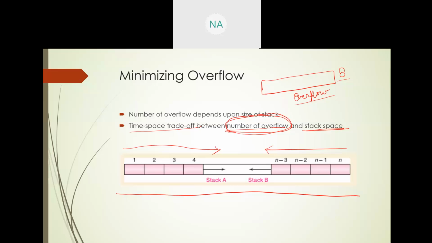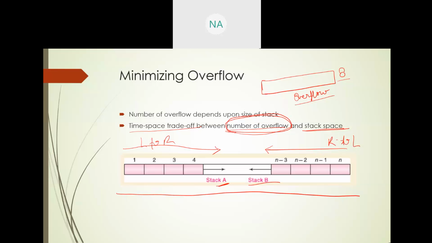Okay, so here stack A is being stored from left to right, and stack B is being used to store the elements from right to left. In this way, if the number of elements in both stacks A and B is very large, you will get an overflow condition.